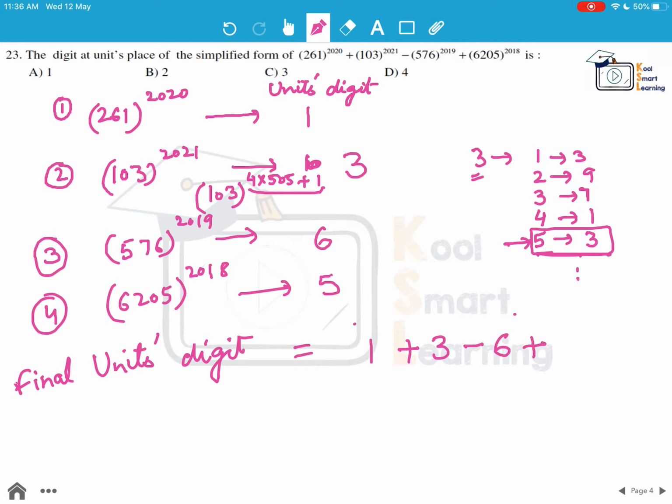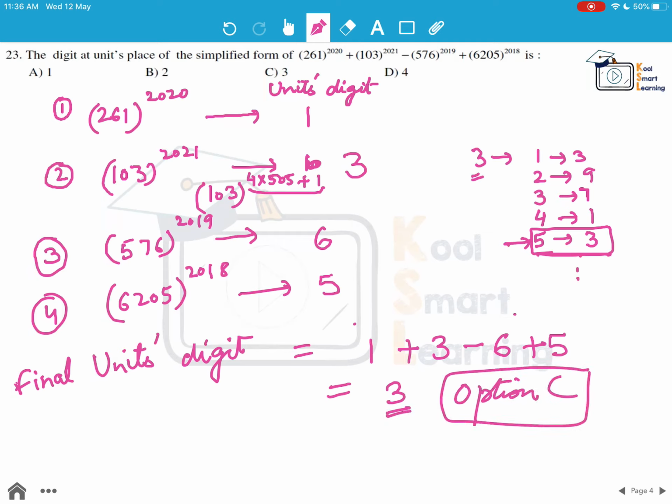And for the last one, which is 6205 raised to power 2018, the units digit is 5. So this becomes 1 plus 3 minus 6 plus 5. So this comes out to be 3, which is option C. C is the answer to this question.